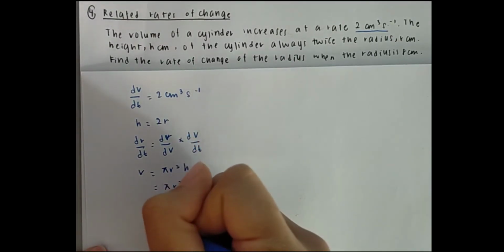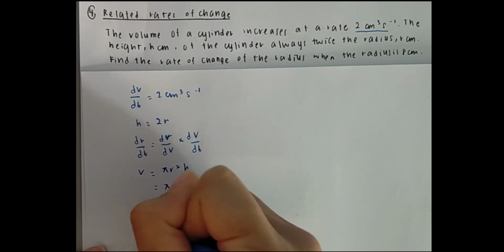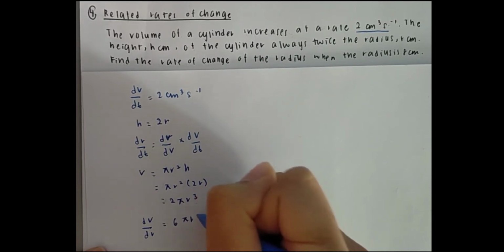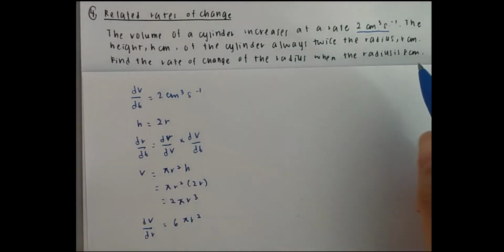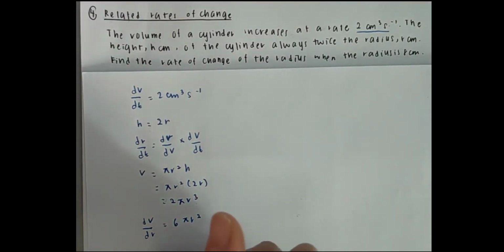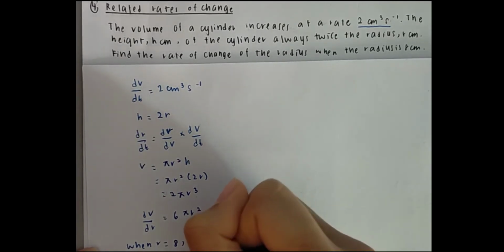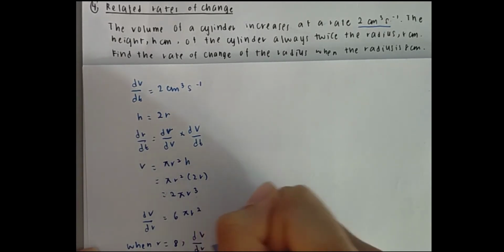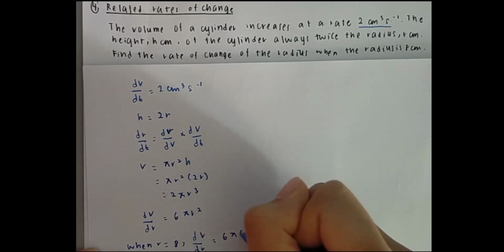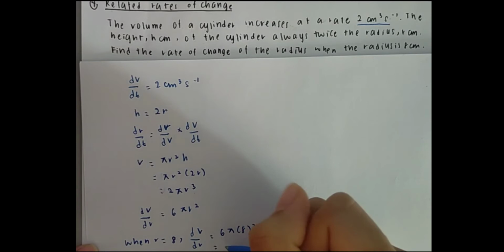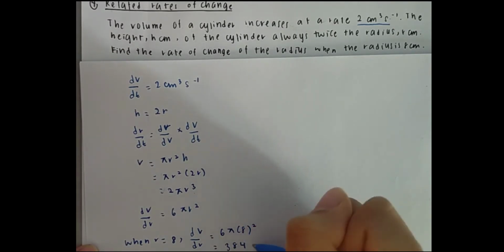So we can find dV over dr, which is equal to 6 pi r squared. Given that the radius is 8 cm, when r is equal to 8, dV over dr is equal to 6 pi times 8 squared, which is equal to 384 pi.